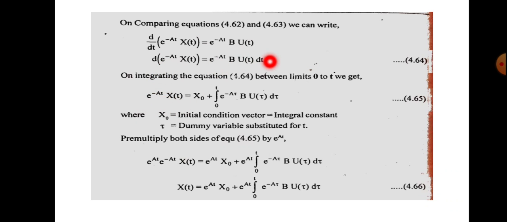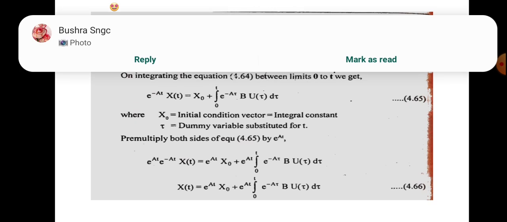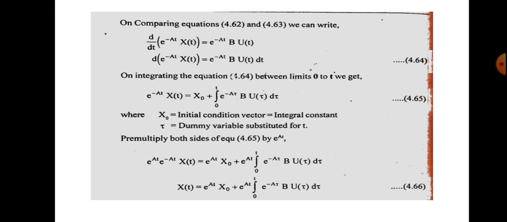And on the right side, you know that when you take the integration, you will get a constant of integration, that is x0, plus the integral of the rest of the terms, that is equal to the integral from 0 to t of e raised to minus a tau into b into u of tau into d tau. Here tau is the variable of integration. It is a dummy variable substituted for t. So this is your equation now.